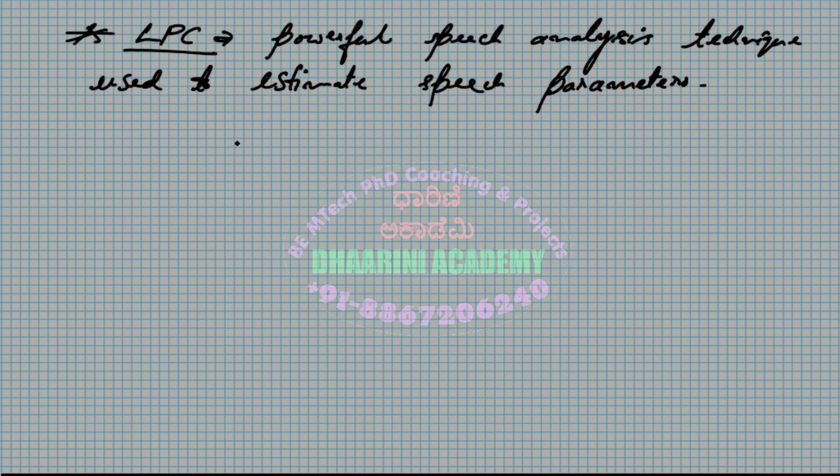When speech is generated, we have the following fundamental parameters related to speech. The first one is pitch. The pitch is fundamentally the frequency with which somebody is going to speak.